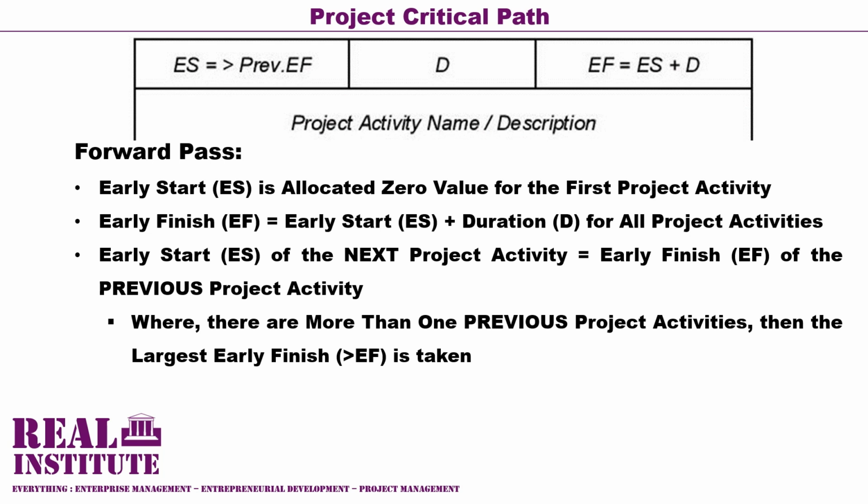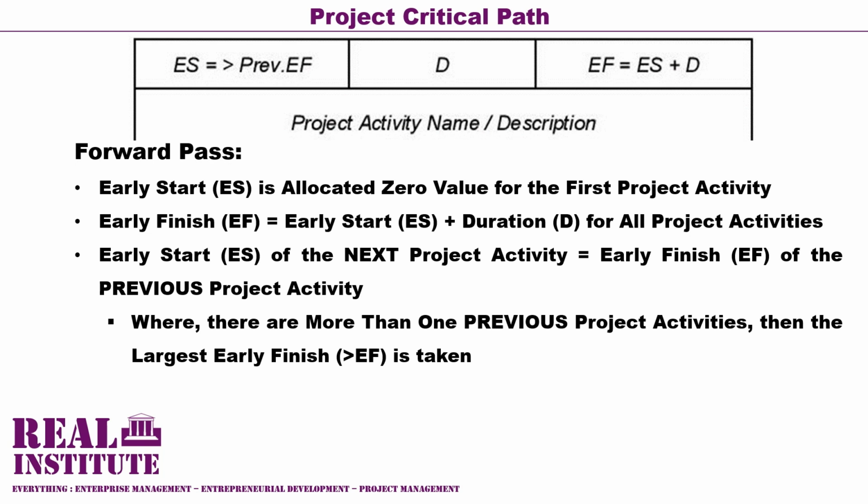And then the second rule of the forward pass analysis is that the early start values of the rest of the project activities are the early finish values of their predecessors. That is, we simply move the early finish value of a preceding activity to be the early start value of its succeeding activity or of all its succeeding activities.